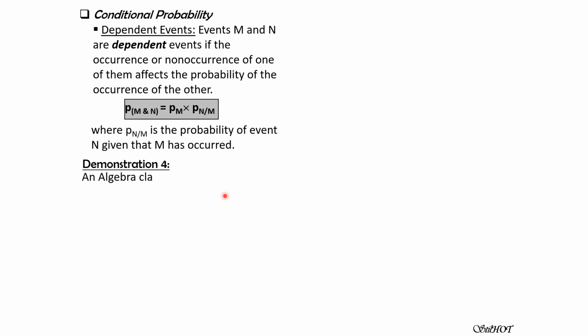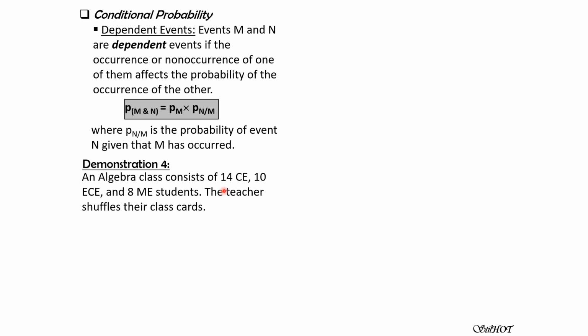An algebra class consists of 14 civil engineering students, 10 electronics and communication engineering students and 8 mechanical engineering students. The teacher shuffles their class cards. What is the probability that the first 3 drawn class cards are ECE students?